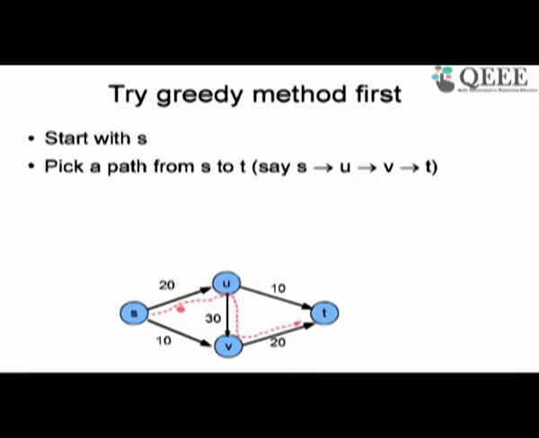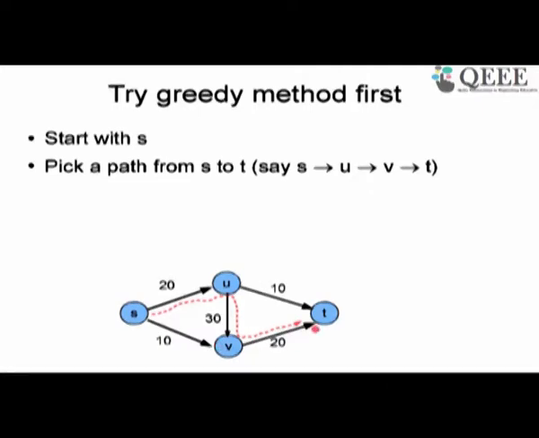The first question I have to ask is, in this path, what is the maximum flow I can put? For a path, it's very clear. In this case, this edge has capacity 20, this edge has capacity 30, this edge has capacity 20.